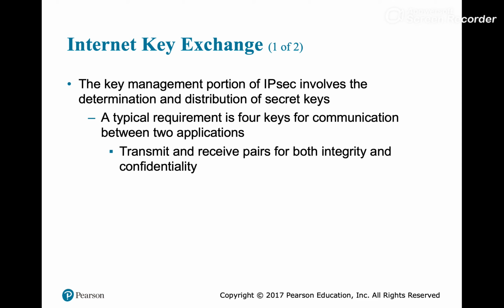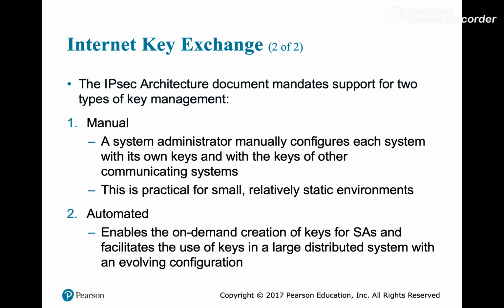So you will need a total of 4 keys: one for encryption and one for authentication on one side, and one for encryption and one for authentication on the other side. So total 4. These keys are symmetric, and will be distributed through the Internet Key Exchange protocol of IPSec.